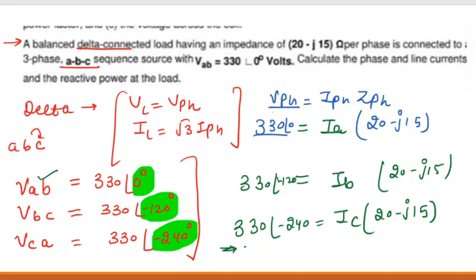So after this, we'll get the values of IA, IB, IC. So basically, this is IAB, this is IBC and this is ICA, because we have used voltages VAB, VBC and VCA, right? So these are the phase currents. If you remember the formula, IA is how much? IAB minus ICA, right? Remember I told you the formula, and that formula is mentioned in your handbook also.